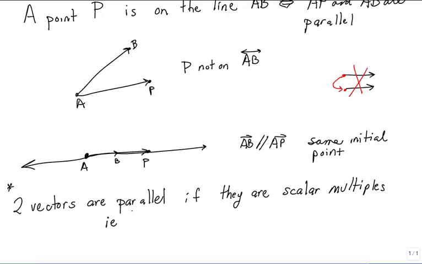I.e., for example, vector u is t times v, and t is a scalar. Or we could say the vector AP is t times a.